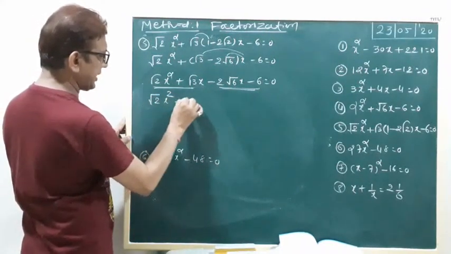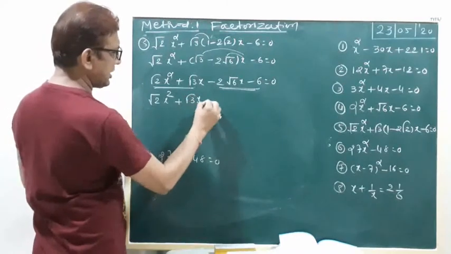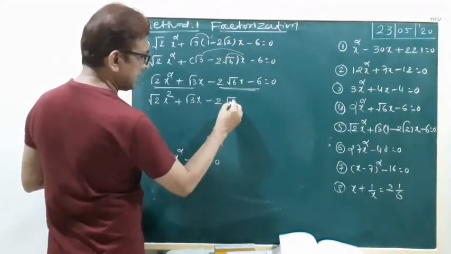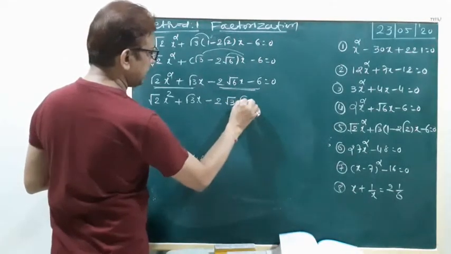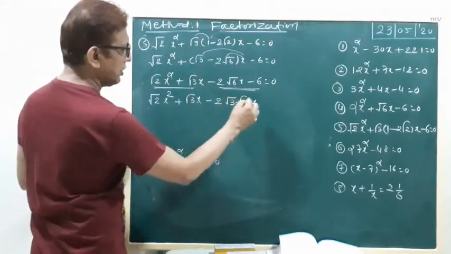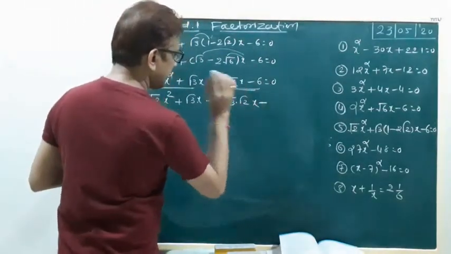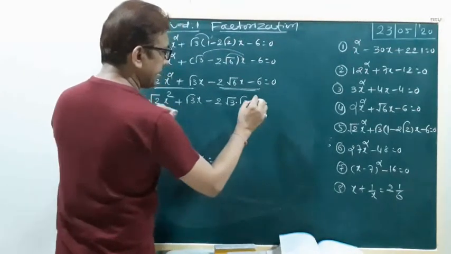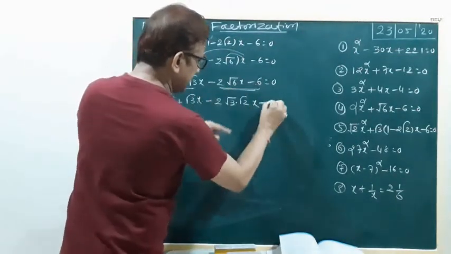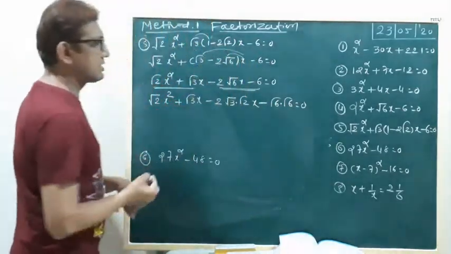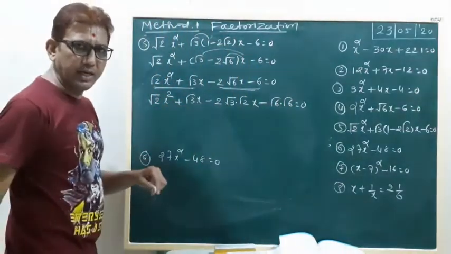Root 2x square plus root 3x minus 2, and here root 3 into root 2, root 6 is the root 3 into root 2. And here this one. Root 6, 6 is here. We write here 6 is root 6 into root 6. Is that clear? Okay.